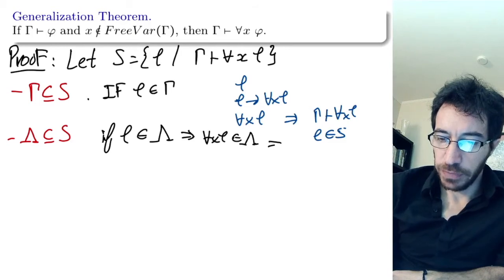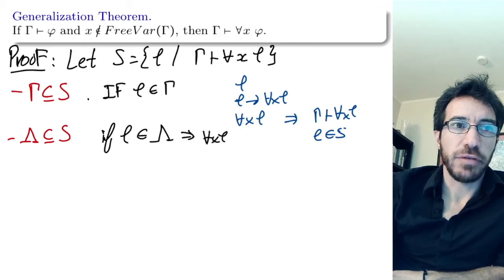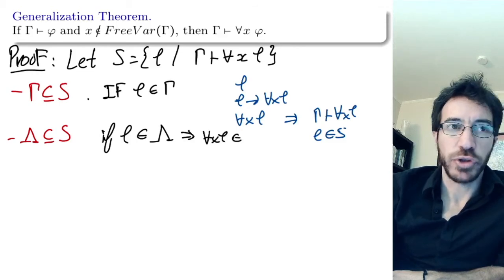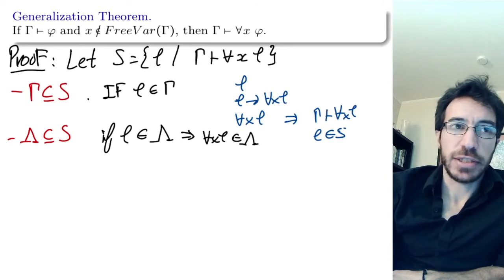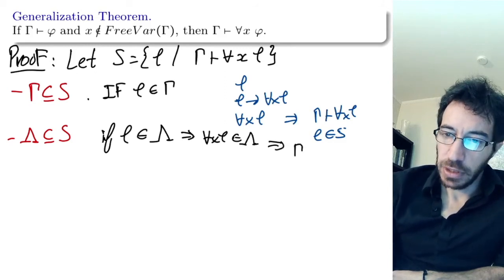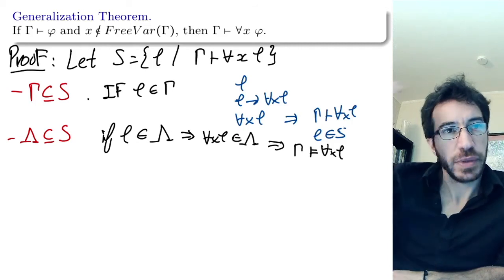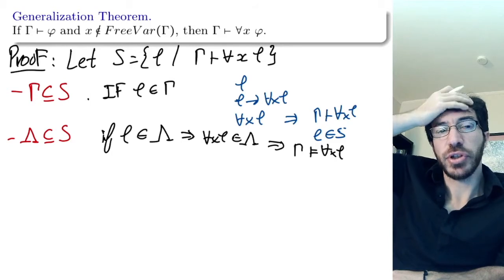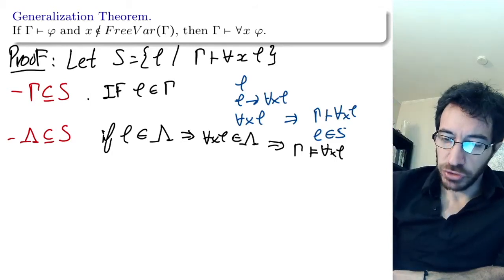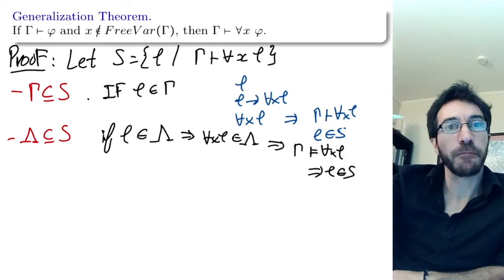And if phi is in lambda, then for every x phi is also in lambda, so it's also a logical axiom because it's a generalization of phi, and therefore we get that gamma proves for every x phi. The deduction is a one-line deduction because you already have an axiom. Okay, so we also get phi belongs to S.